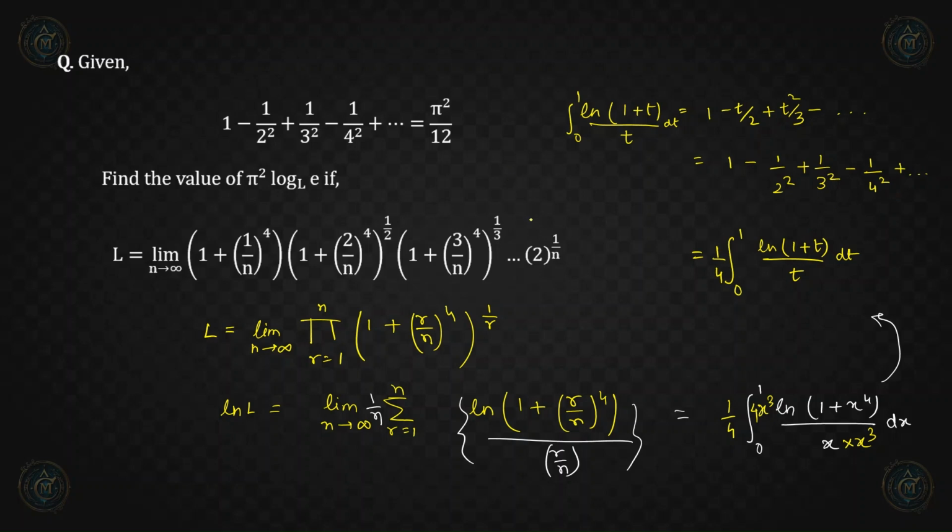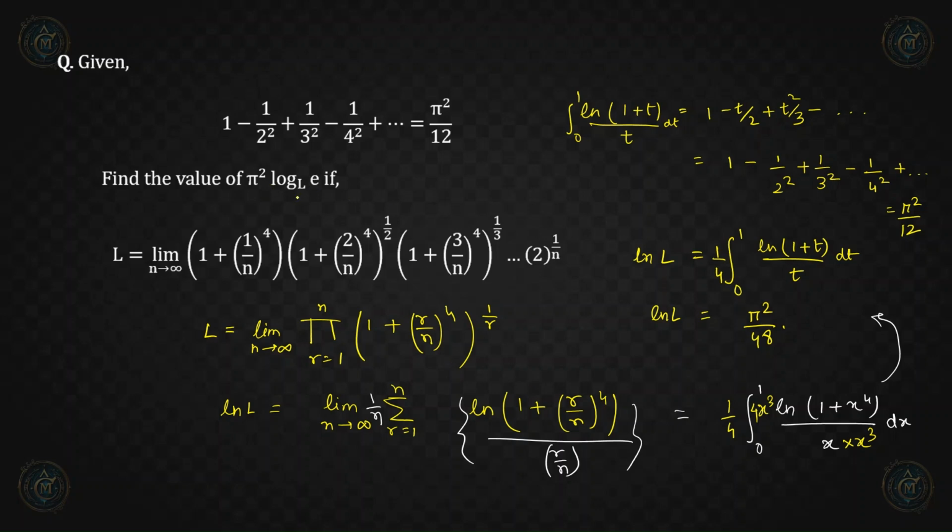So this value is given to us as pi square by 12. So we have to use this. So log L is equal to pi square divided by 48. So what we have to find here?